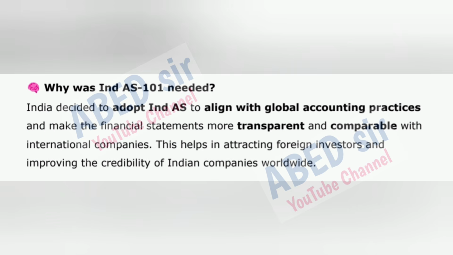Why was Ind AS 101 needed? India decided to adopt Ind AS to align with global accounting practices and make the financial statements more transparent and comparable with international companies. This helps in attracting foreign investors and improving the credibility of Indian companies worldwide.